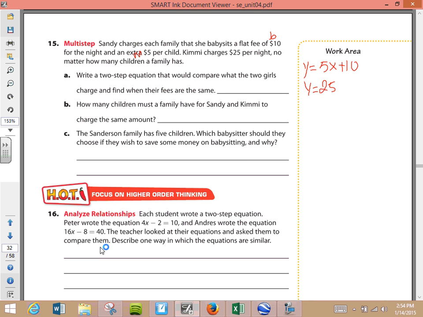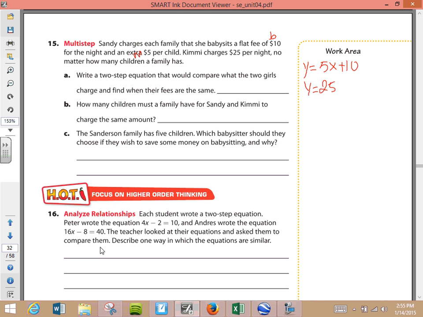Okay. And then it says, write a two-step equation that will compare the two girls' charge and find the fees when the fees are the same. So when I ask you to compare somebody's work to somebody else's work, what do you do? Physically, what do you do? You put them next to each other, right? You look at them and you're like, okay, well then that's exactly what you need to do.